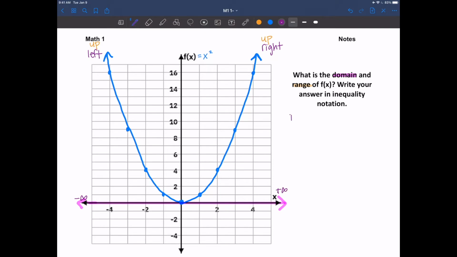So in inequality notation, the domain of f of x is from negative infinity less than x, which is less than positive infinity. You never use this inequality. Never, okay?